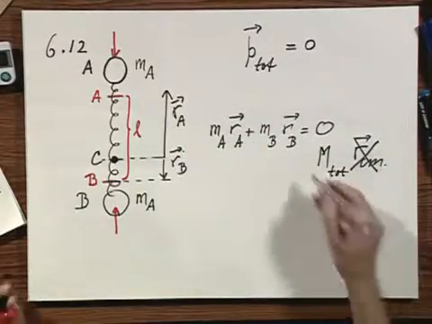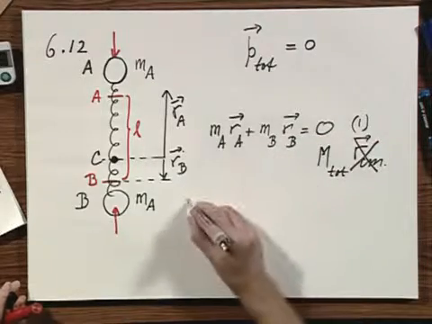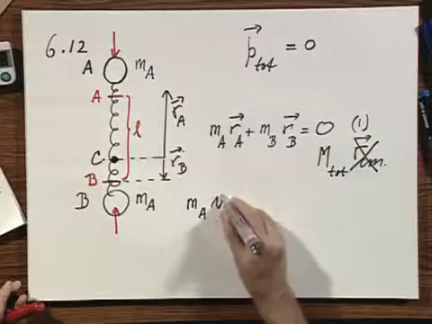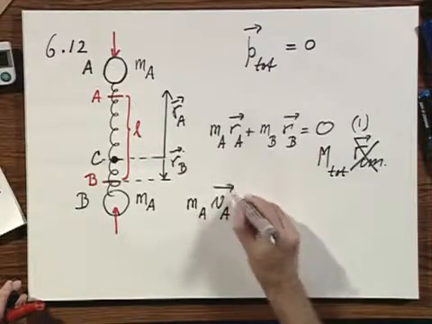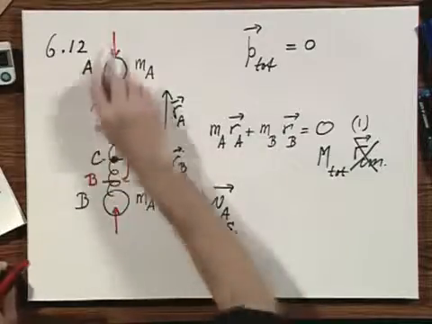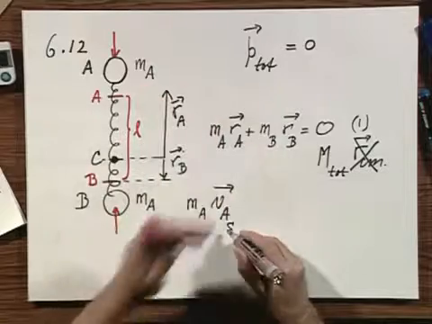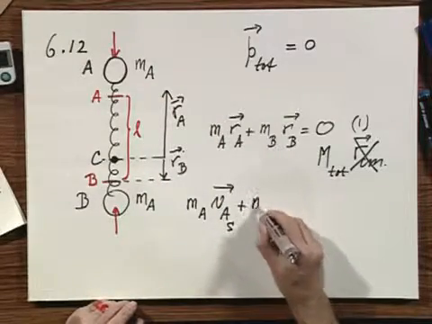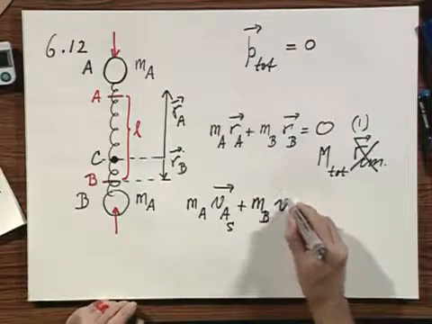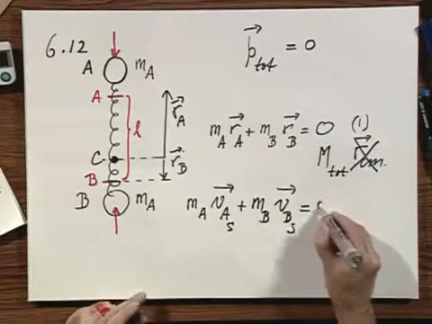If I take the derivative of this equation, let's call this equation 1, then I find MA times the velocity A. I'll put an S here to remind you that it is a velocity due to the spring in the y direction. And the reason why I do that is later we're going to have velocities in the x direction, and it becomes confusing. Plus MB times the velocity B due to the spring, that equals 0.